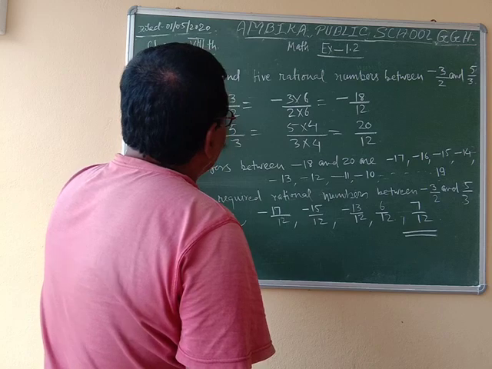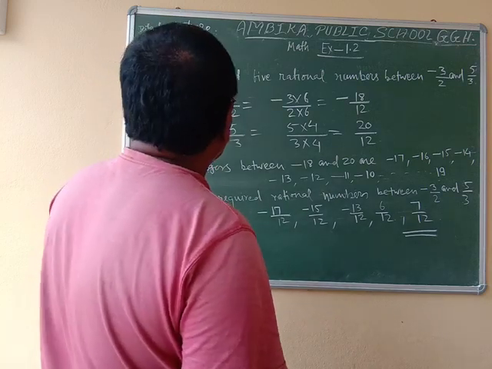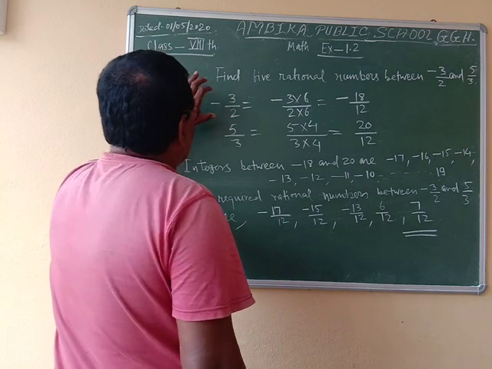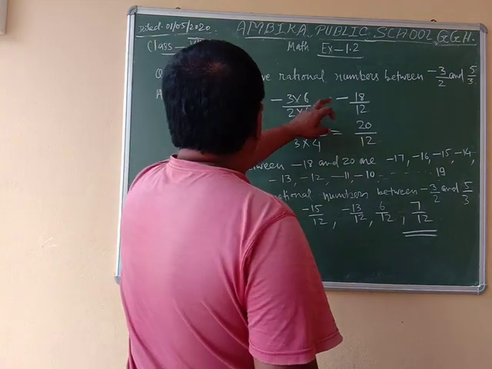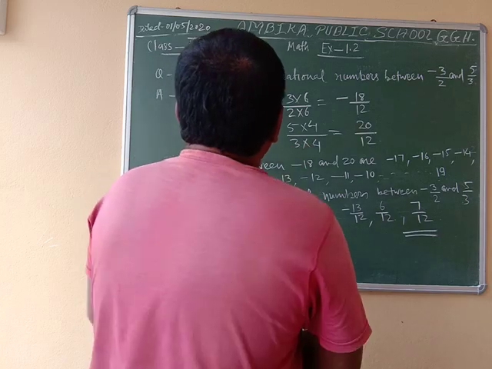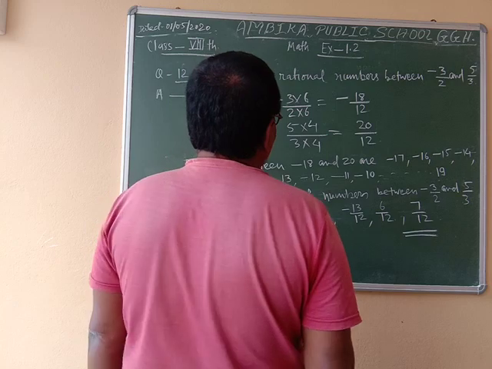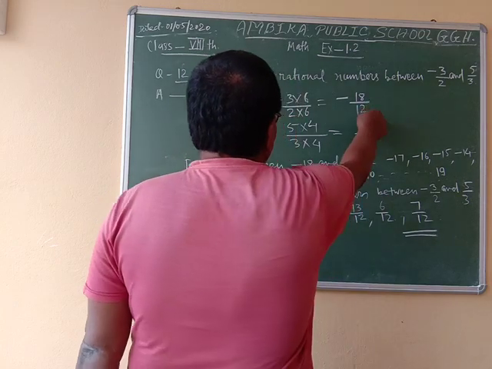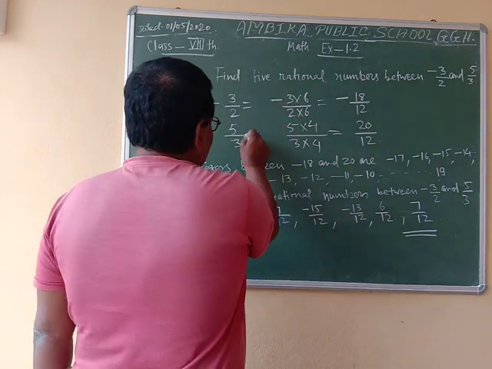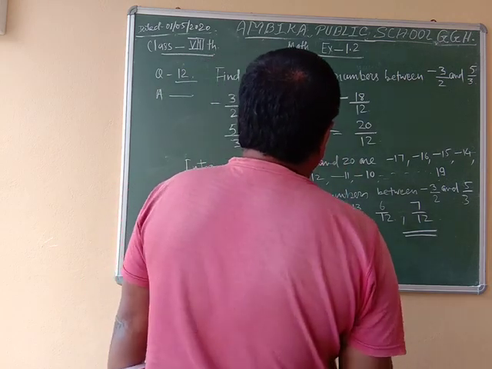To make the denominator same, we multiply the first rational number by 6 and the second rational number by 4. Minus 3 by 2 is equal to minus 3 into 6 by 2 into 6 is equal to minus 18 by 12, and 5 by 3 is equal to 5 into 4 by 3 into 4 equal to 20 by 12.